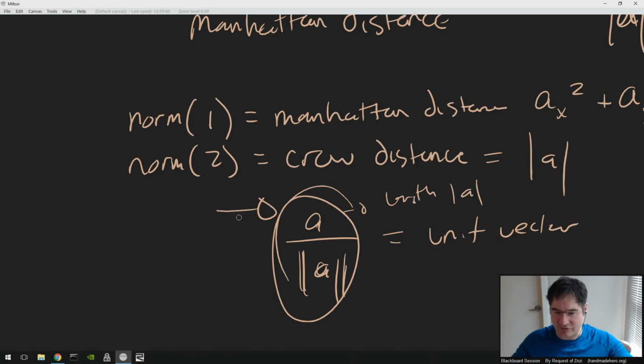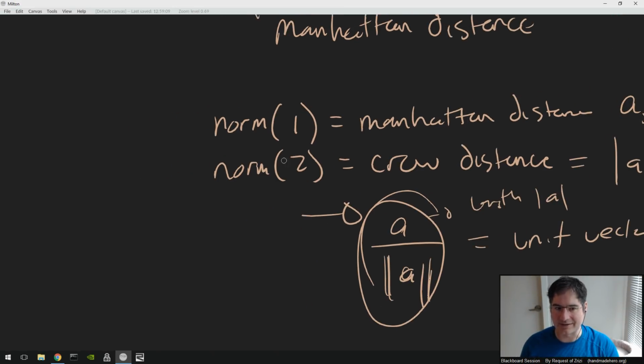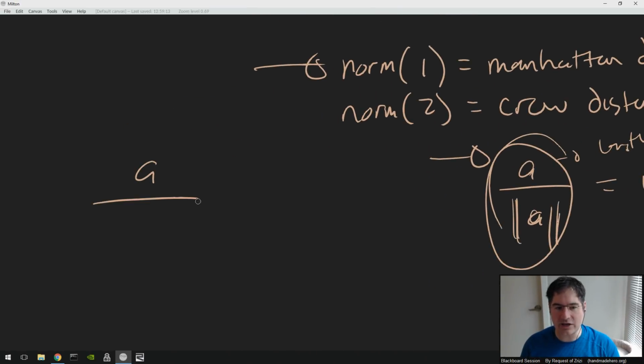Because, what a surprise, you divide the components by whatever the 2 norm value is, you get a 2 norm of 1 out the other end. The same is true of dividing by the 1 norm. A over the 2 norm, maybe I'll write that like this, norm 2 of A, so I can pass A in. So norm 2 of A, right, over A, this equals a unit vector.